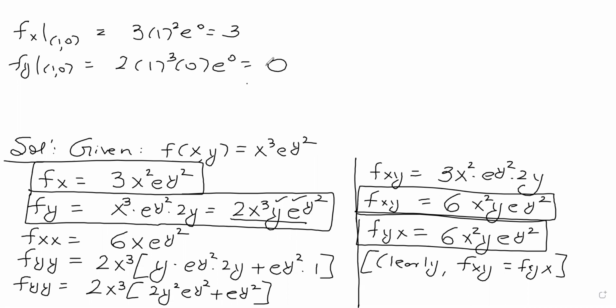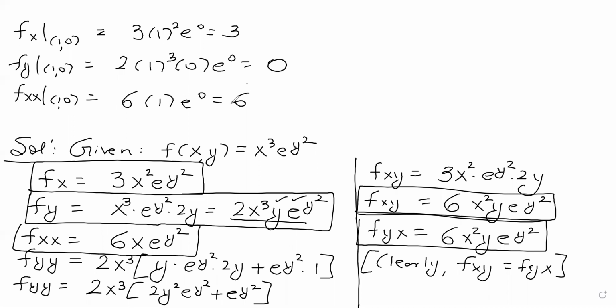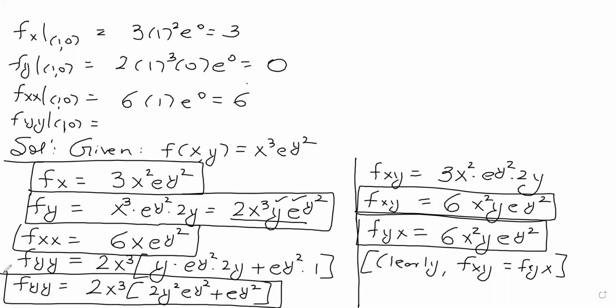Okay. Then we have fxx at 1, 0. Put 1, 0 here. So we get 6 into 1 into e to the power 0, which is 6. Fyy at 1, 0 will be, put 1, 0 in this. So we get 2 times 1 cube into 2 into 0 square e to the power 0 plus e to the power 0.